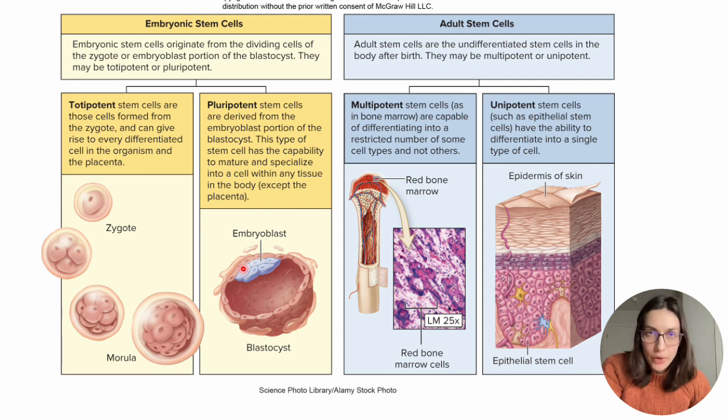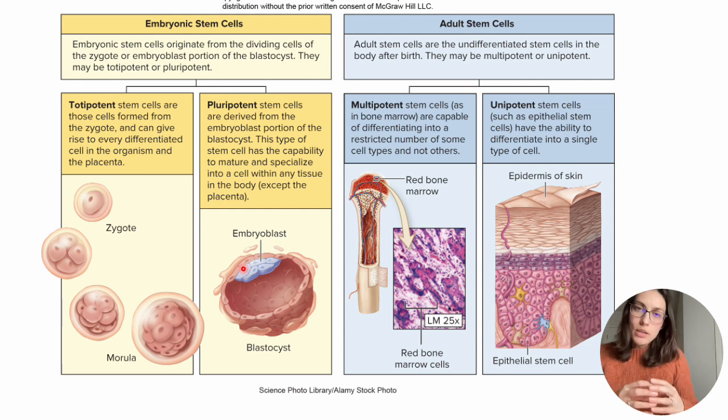Finally, in many of our tissues that regenerate well, like epithelial tissue, which regenerates really well, and many types of connective tissue that regenerate really well, we have amongst those cells of that tissue a few cells that are unipotent stem cells. And they have the ability to divide by mitosis.